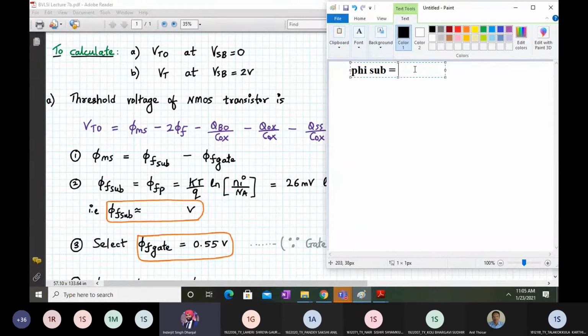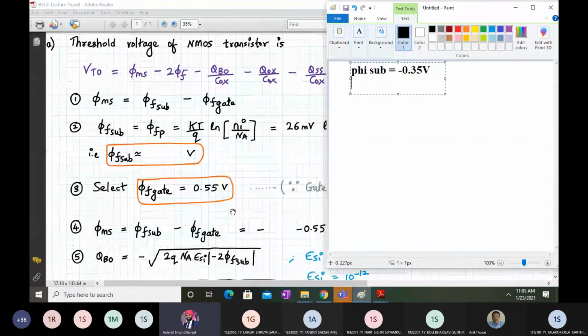So is the value coming out to be minus 0.35 volt? Just check this answer. You should get phi f substrate as minus 0.35. Okay. Can someone else also reply? Is the value coming all right?